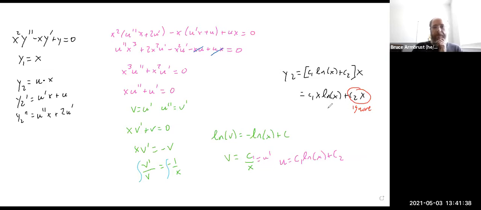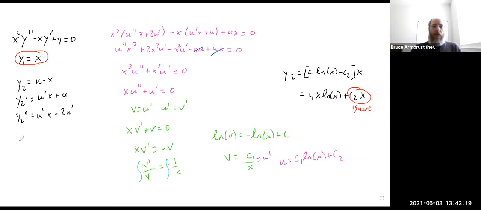Why can we ignore that? I'll give you a hint. Remember what y1 was? It was x. So that c2 x is actually part of the part that's spanned by y1.